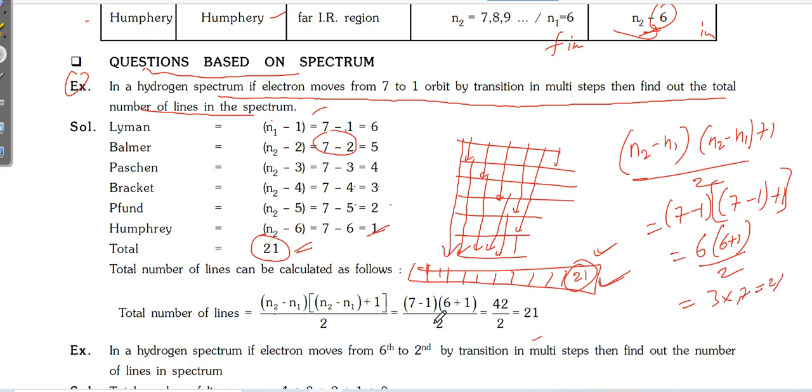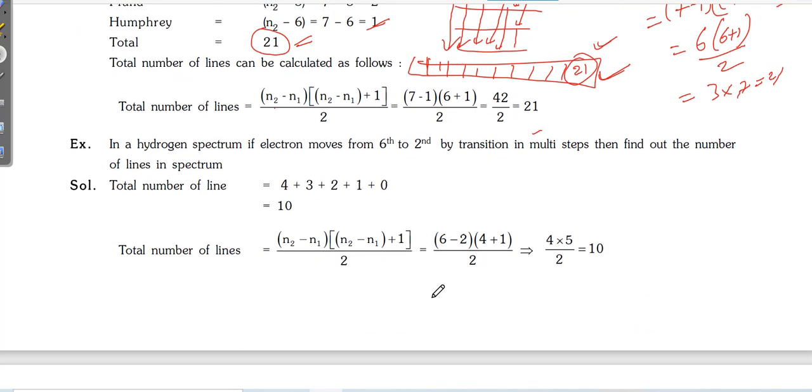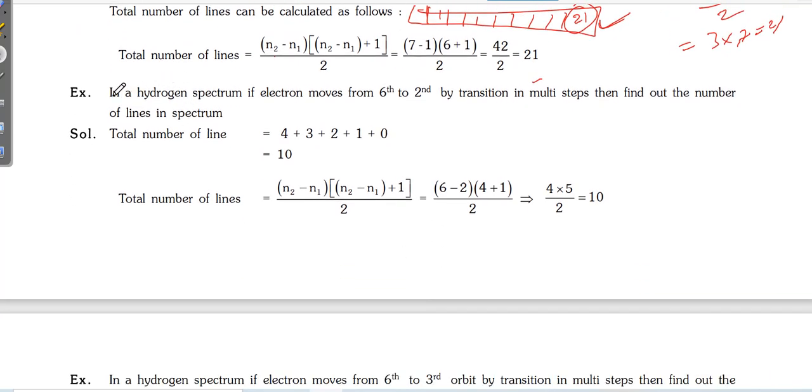Okay, so similarly you can do some other questions, and one more question you can see here.